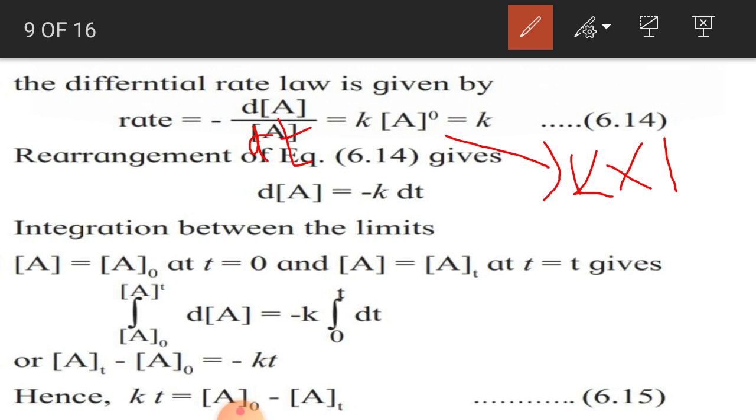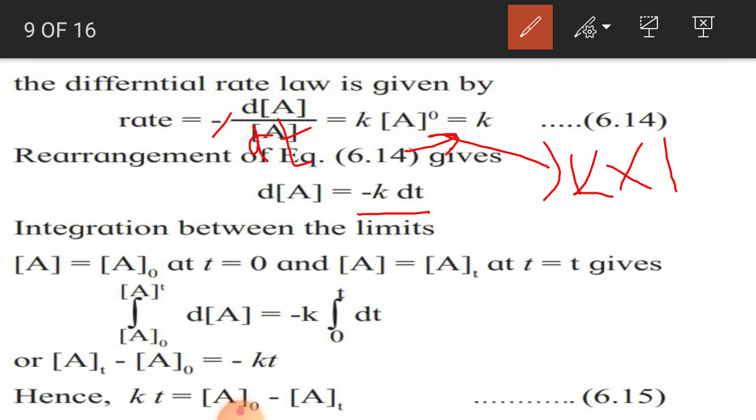On the above equation, we have rearranged the equation. A simple rearrangement has been done. dA, here it is in the division form, it will go over here and turn into multiplication. We are removing the minus sign from here, so the minus sign will come over here. Fine. So dA will be equal to minus K into dt.